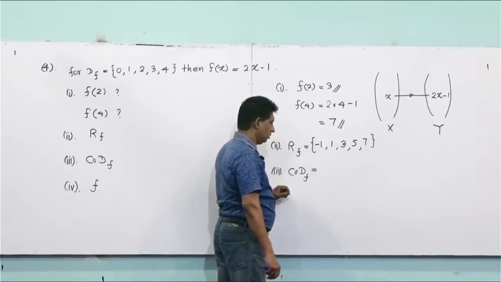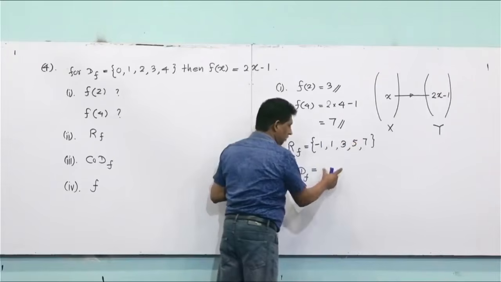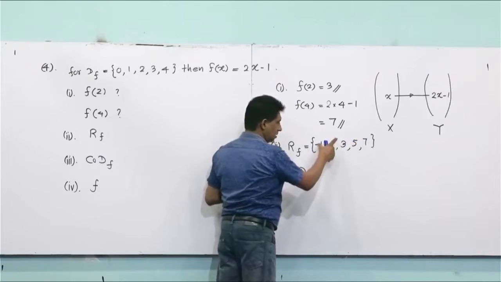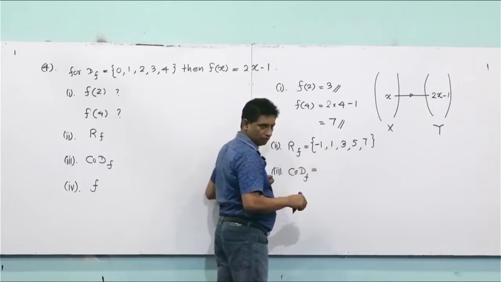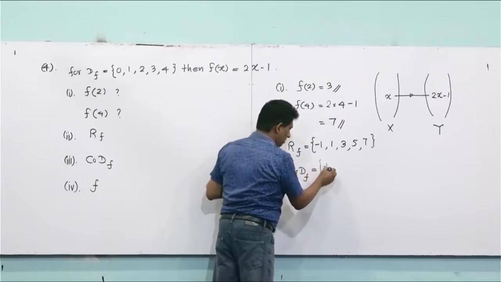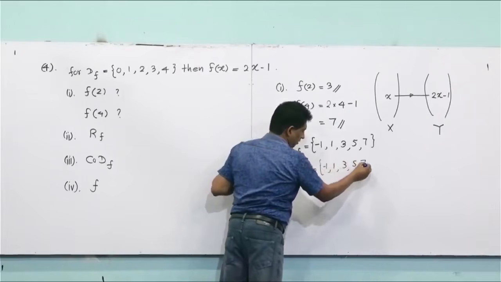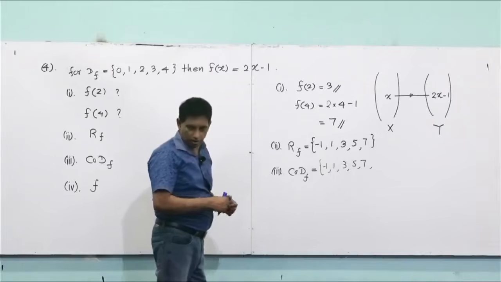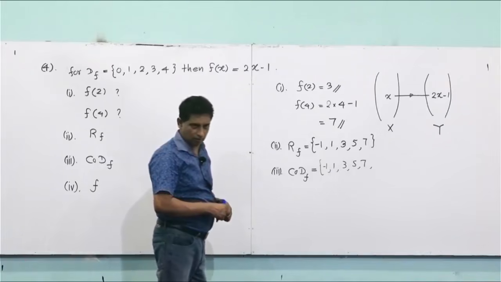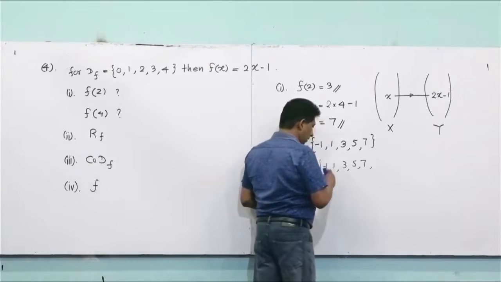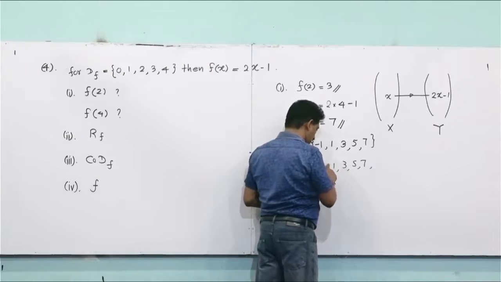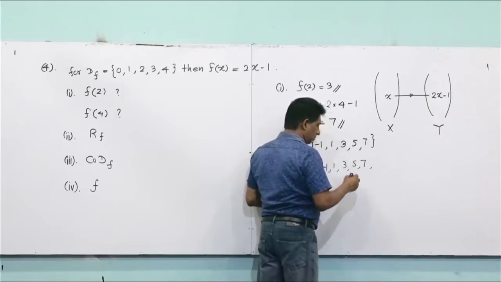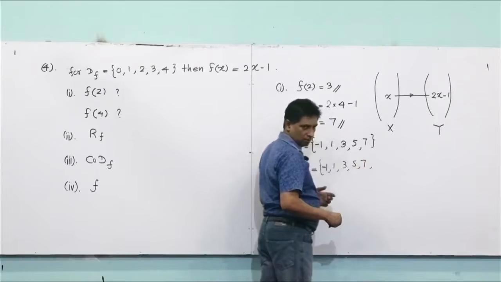Then how can we write it? Definitely these elements should be in this set. Otherwise this can't be a subset of CODF. So there should be minus 1, 1, 3, 5, 7. Then there may be a few other real numbers. Okay. But we don't know what the other numbers here are.